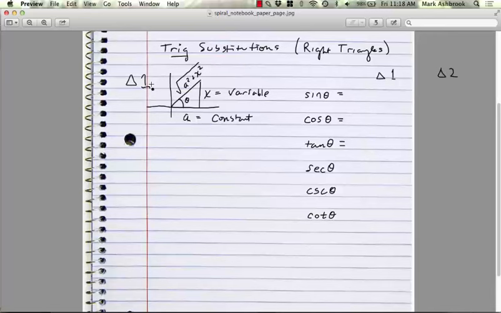So for triangle number 1, can you write out what sine theta, cosine theta, tangent theta, secant, cosecant, cotangent all equal? Do you remember? What would sine theta equal? Who remembers?